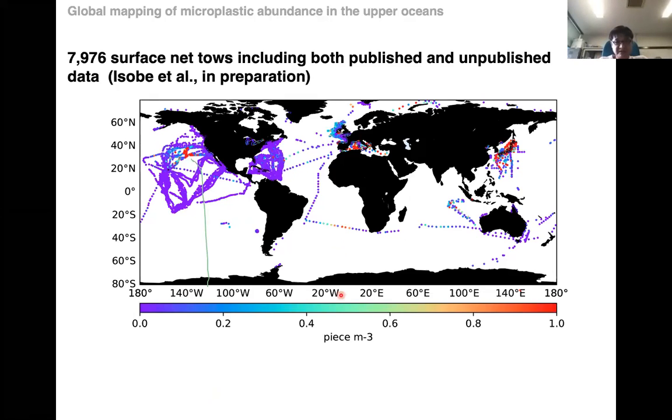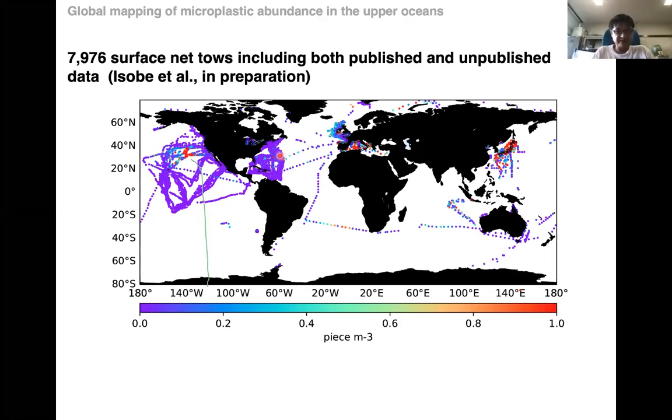As you can see, the microplastic abundance is very high in the East Asia area, very high in the Mediterranean Sea, and high in the so-called North Pacific garbage patch here, and probably here.